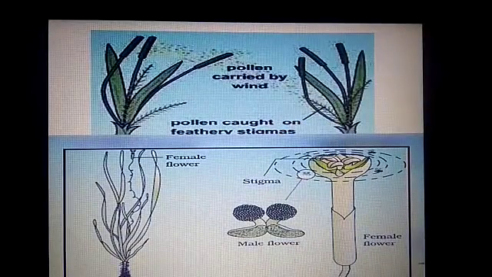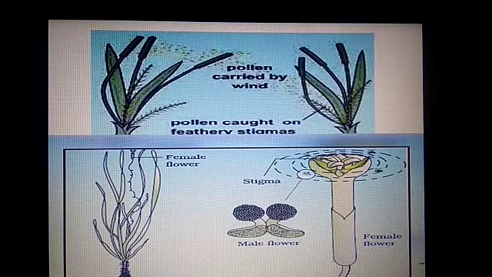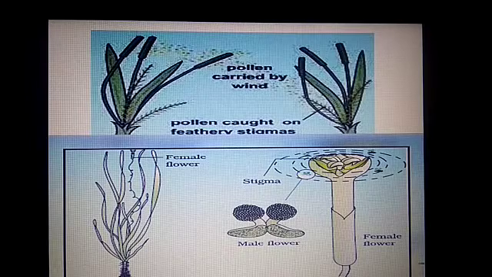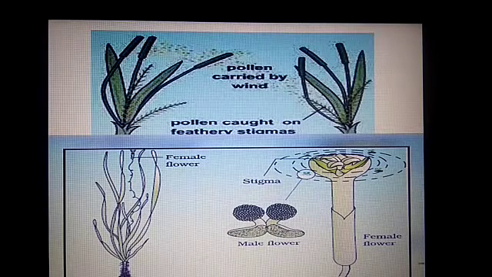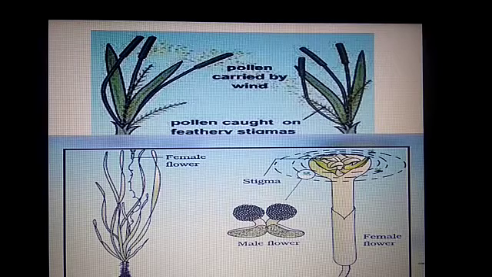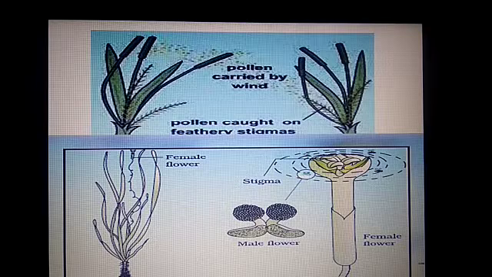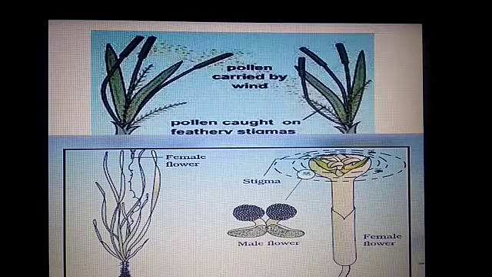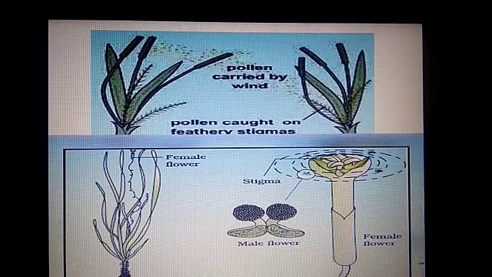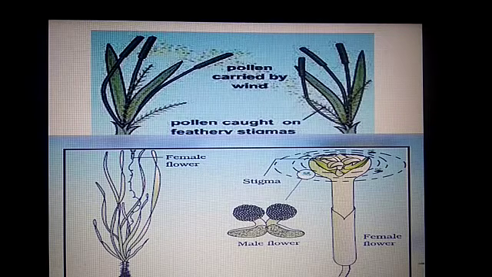Next, wind. Wind is also one type of agent for cross-pollination. It is called wind pollination. Some plants like maize, palm, pine and rice produce dry pollen grains in large quantities.